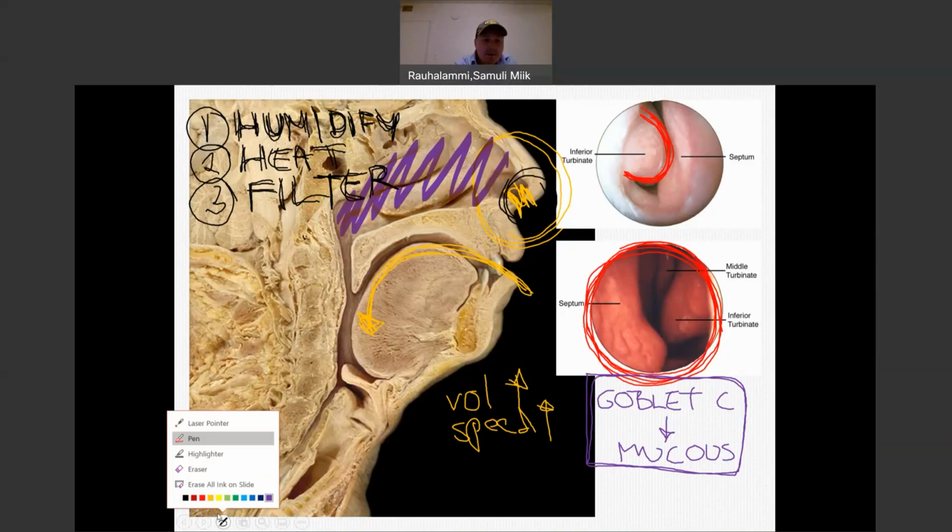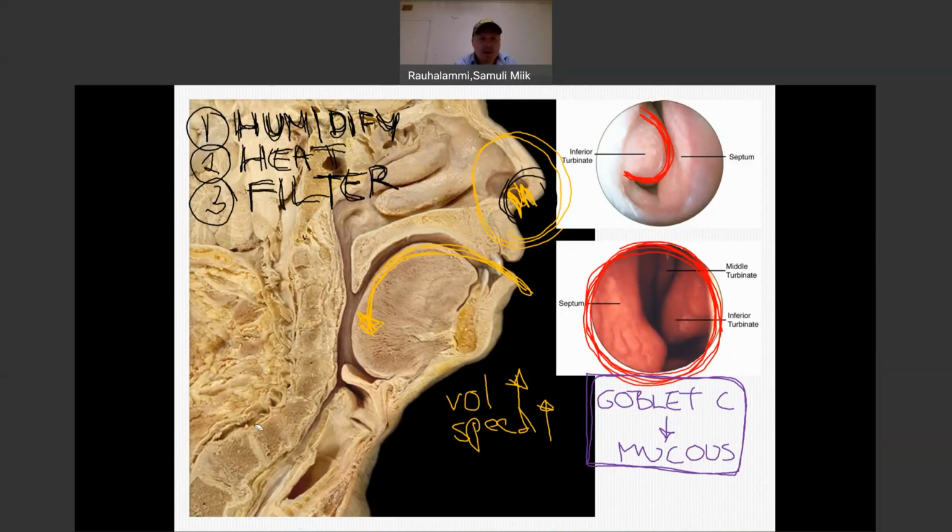What I'm going to do next, I'm just going to erase the highlighting that I put on the nasal cavity because I want us to pay attention a little bit more to some of the structures that we can see. Some of these structures that I want to discuss are these protrusions from the nasal wall, from the lateral wall.